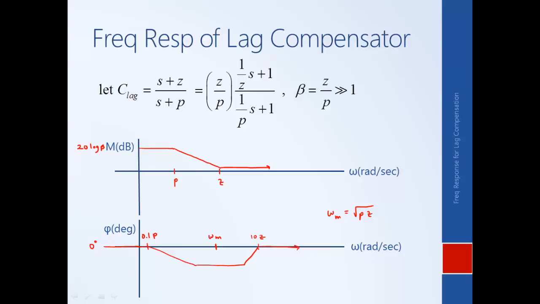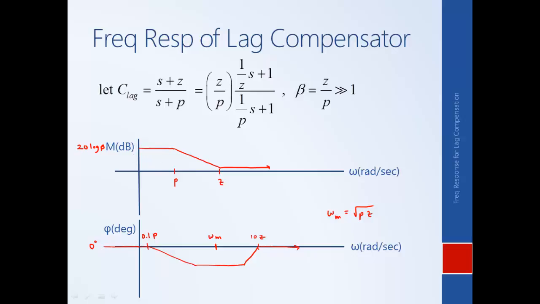Looking at the frequency response, we can get some sense of what its effect is on the closed loop system. So if we imagine that this lag compensator is in series with our plant, then the Bode plots will just add when we look at the open loop frequency response. The Bode plot of the compensator will add to the Bode plot of the plant. And so the effect is that it will tend to increase the magnitude at lower frequencies.